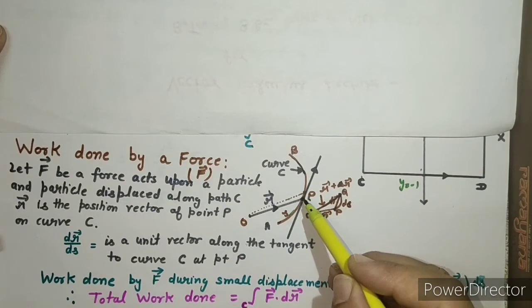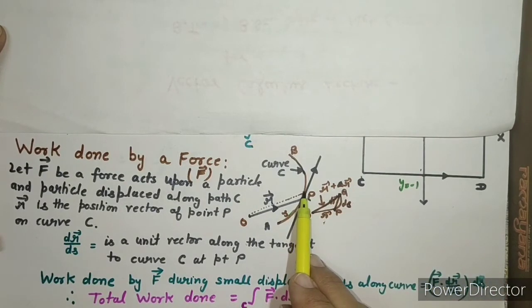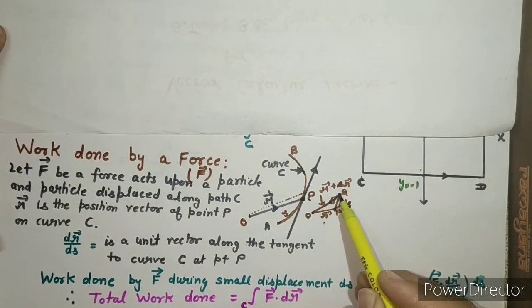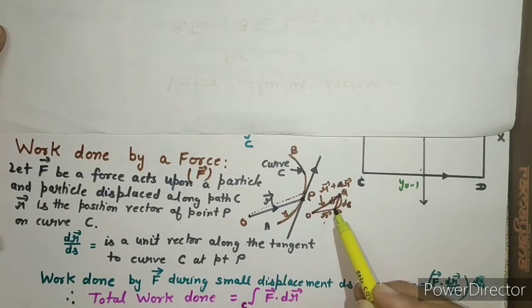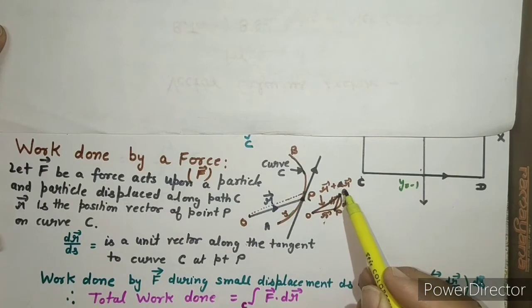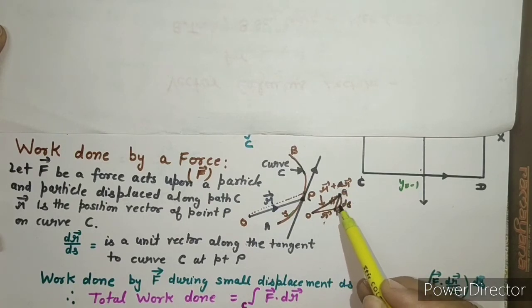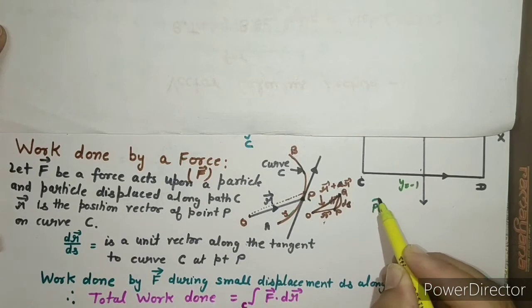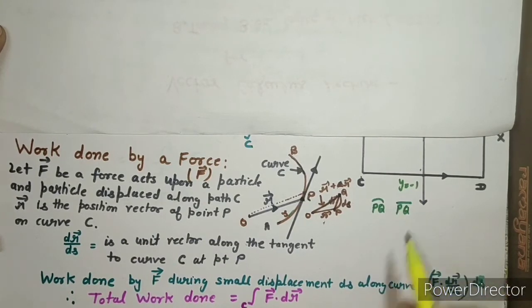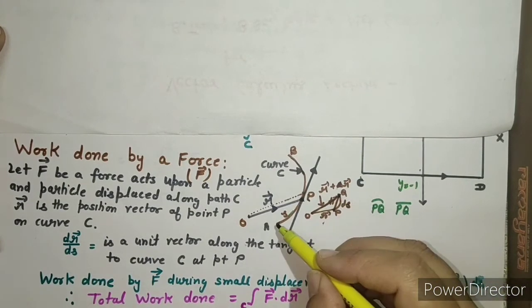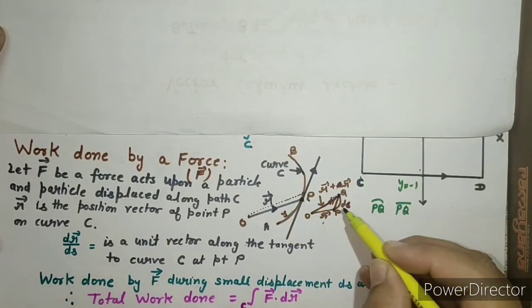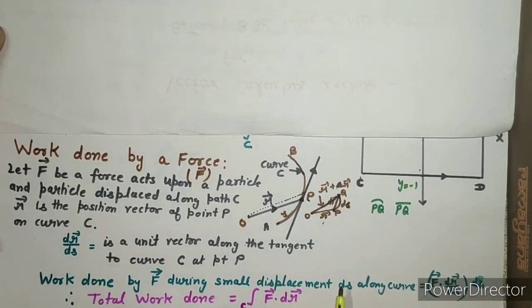So how to find this tangent? See, I have taken a very nearby point here, Q point. So this is the arc and this is the chord. If this is r vector, very small, this one, so the Q point will be r vector plus delta of r. And this arc PQ, this is PQ arc and this is PQ chord. This is my chord and this curve is my arc. So as this is your curve S, this will be d of S and this is delta of r.